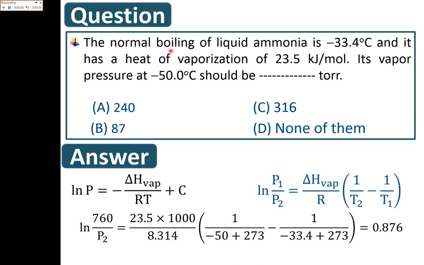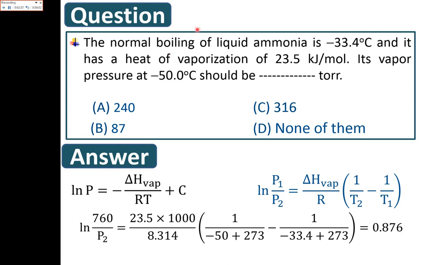So to compare between two different temperatures, we know for water that it boils at 100 degrees Celsius and 1 atmosphere. So this information may not be provided in the exam. You should be familiar with this information, because I may ask you to calculate the vapor pressure at another temperature for water. So you need to recognize that water boils at 100 degrees Celsius and 1 atmosphere.